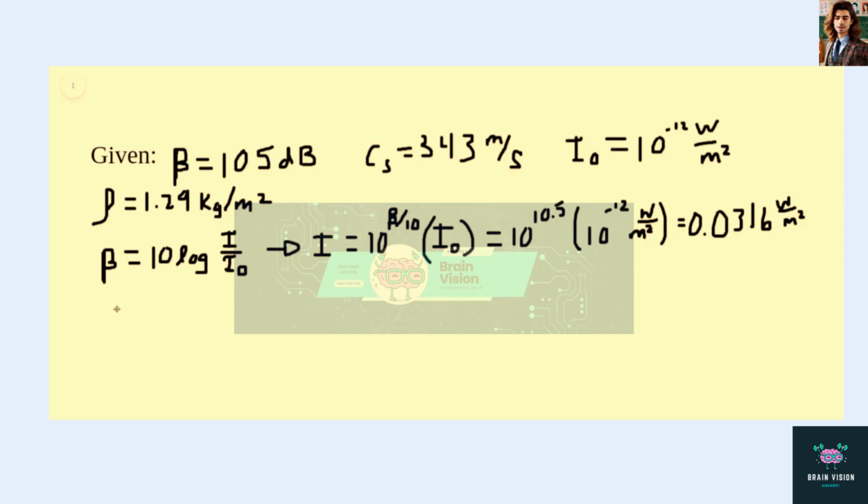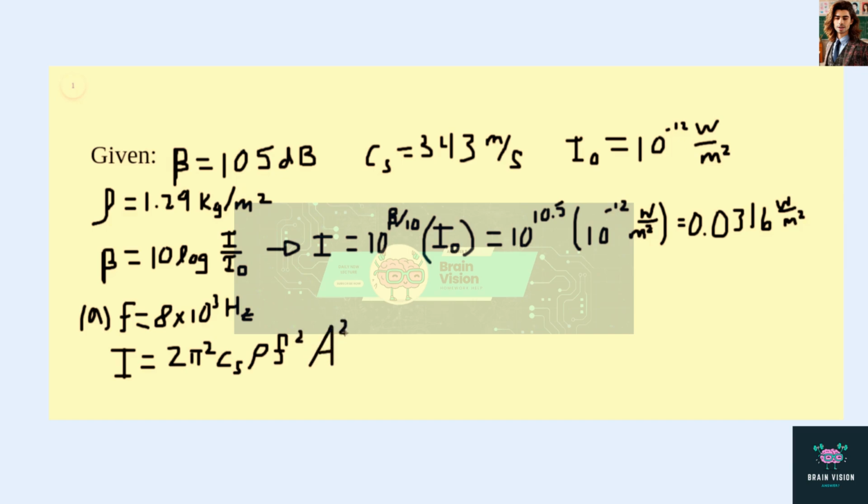So that says that the intensity, for part A, where we have a frequency of 8 kilohertz, which is 8 times 10 to the third hertz, we can use the equation I is equal to 2 pi squared times the speed of sound, C sub S, times the density of air, times the frequency squared, times A squared, where A is the displacement. And we want to find A. So we can rearrange this equation, solving for A.